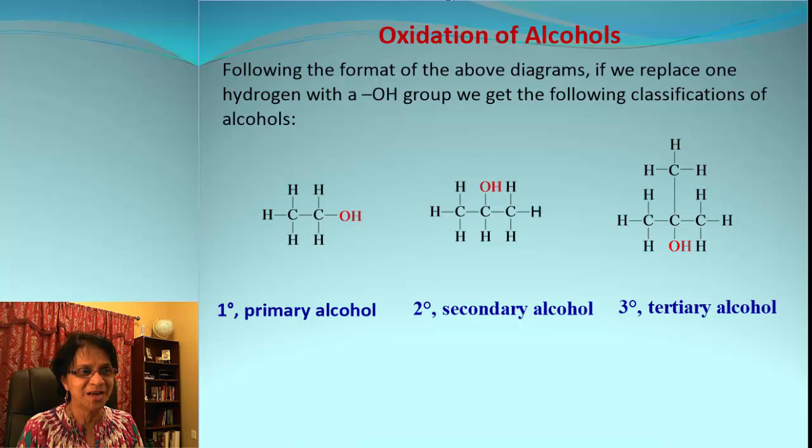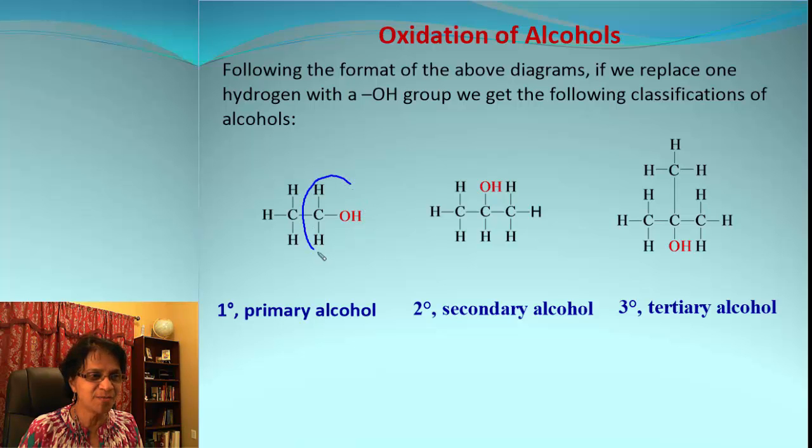Let's find out how. But before that, I'm going to tell you how to identify easily an alcohol as primary, secondary, or tertiary. This alcohol here is primary, and I'm going to circle this carbon atom to which the OH group is attached. So what do we have here?